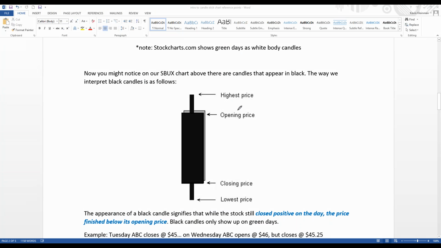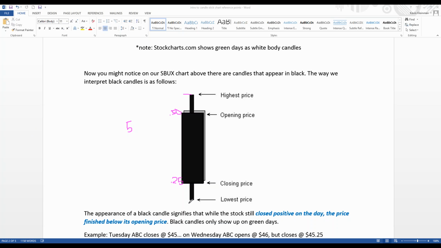So, for example, we might have opened at $5.50 from a previous day's close of $5, but closed at $5.25.